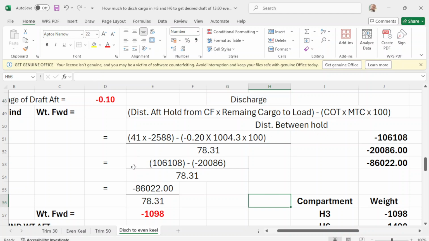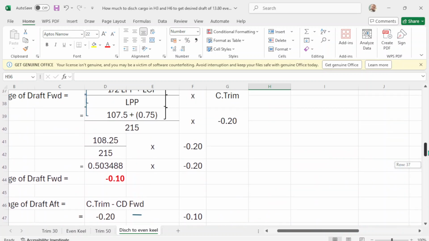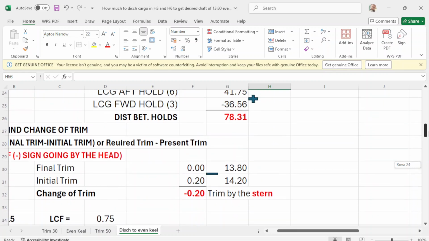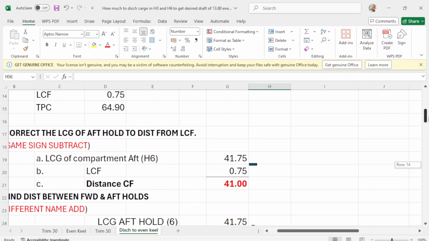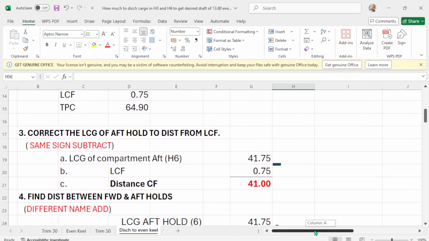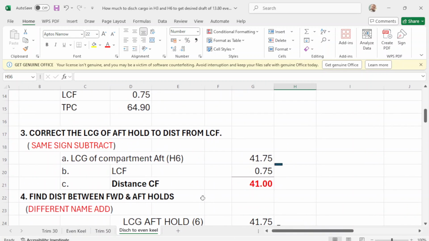Okay, so transpose: what is your distance of the after hold from LCF? Distance of the after hold from LCF is 41 meters. Okay, correct, LCG of the after hold to distance from LCF. So that is 41.